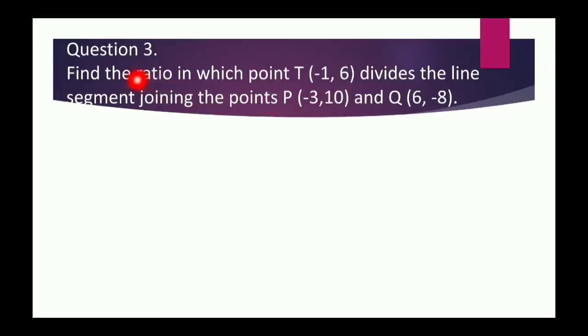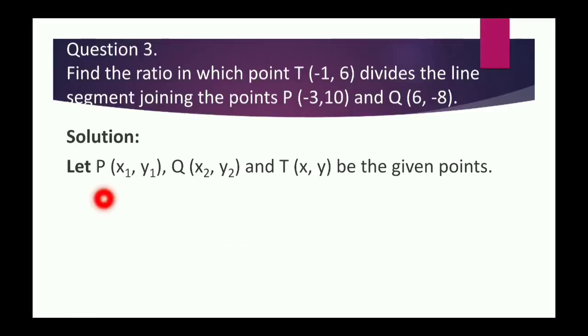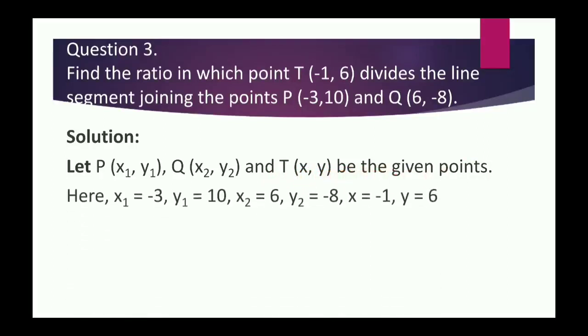We have to find the ratio, which means the m is to n value. So we consider P as (x1, y1), Q as (x2, y2) and T as (x, y), the given point. And x1 value is -3, y1 value is 10, x2 value is 6, y2 value is -8, x value is -1, y value is 6.